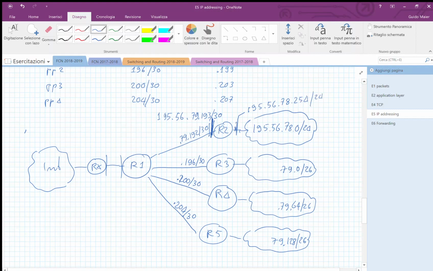Okay. On this side here, let's say that we take router 1, we will assign the other address, so 195.56.79.194/30. Okay.